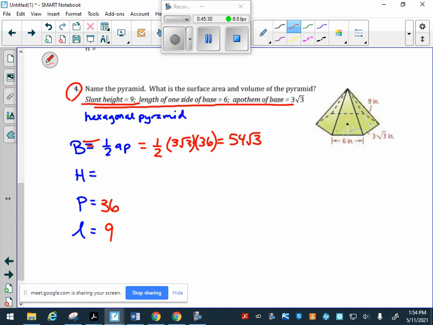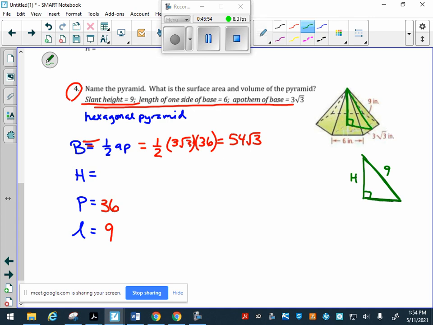Now, height, we still have to find. Remember this triangle, I pull it out here. You've got slant height as the hypotenuse. This is the height, altitude down.